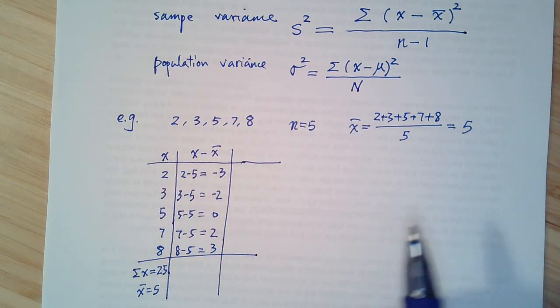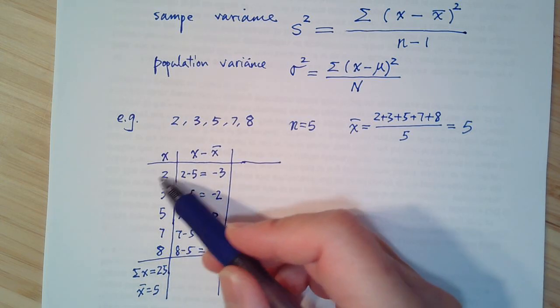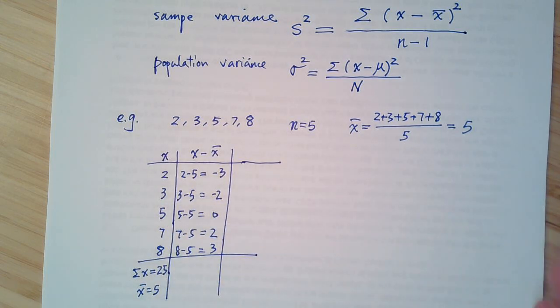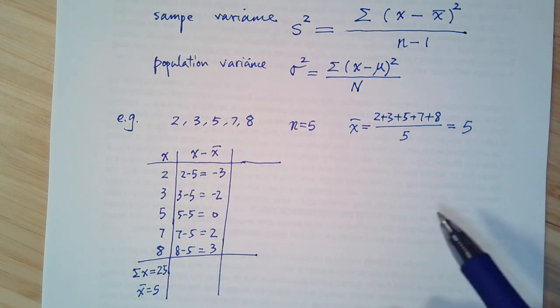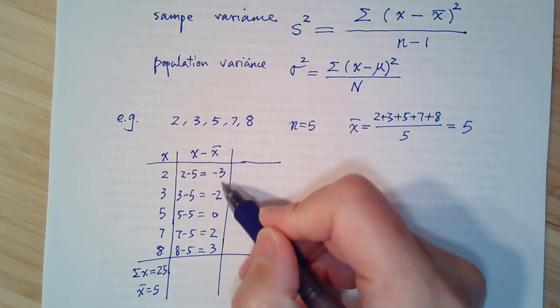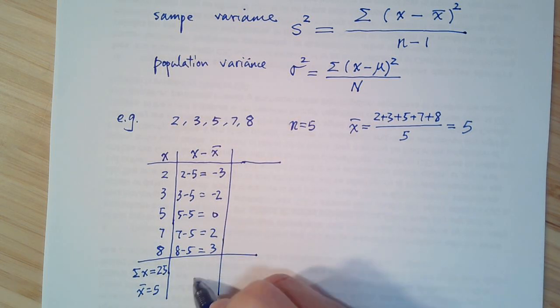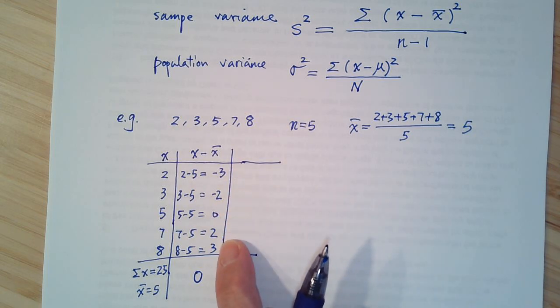All right, now here the mean, or x bar, is 5. We have some numbers below it and some numbers above it, right? So when you add all those differences together, you must get 0. That's another way to check if you got all the differences correctly. If you add up and get 0, you're good.